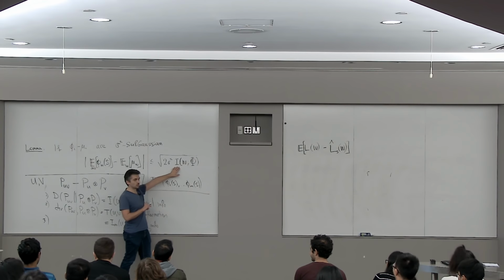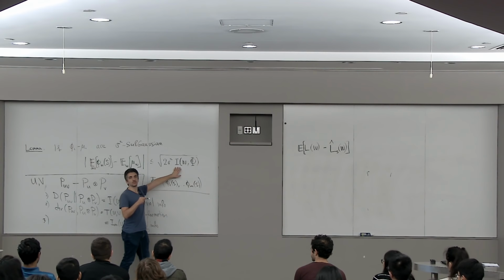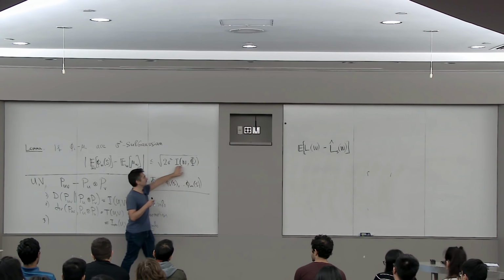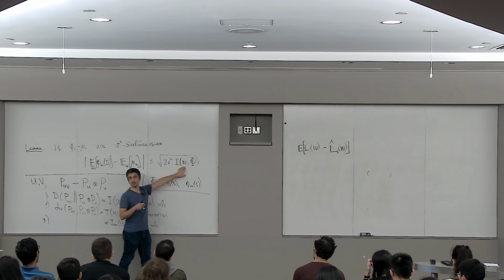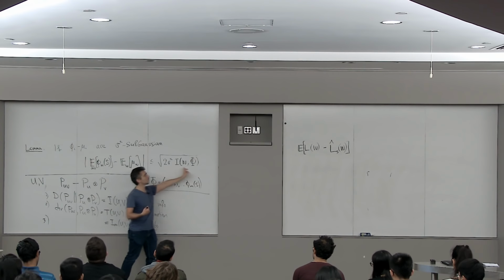If you go deeper into the mutual information, you will see that it can be, at most, log the number of values that W can take, because you can write it as the entropy of W minus the entropy of W given phi. And entropy is positive, so it's just the entropy of W, but the entropy can be at most log the number of them. So you get here log M.